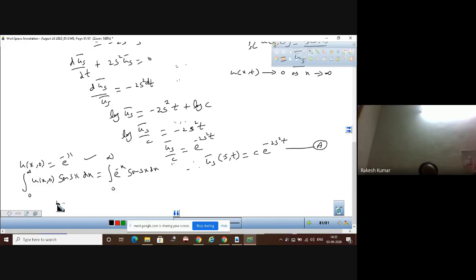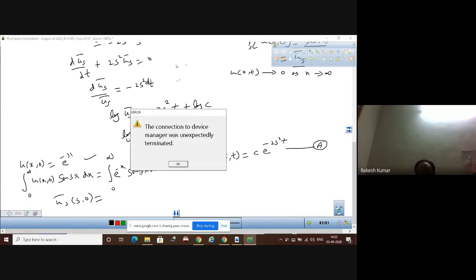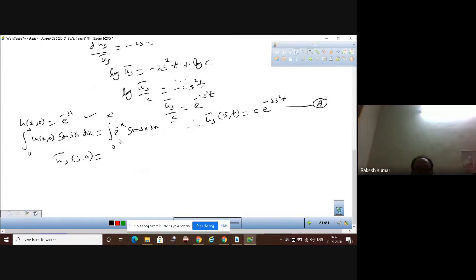And what will come out is u_s bar of s and 0 on one side, and on the other side you need to integrate. By the formula for e raised to power ax sine bx dx, it will come out to e power minus x over 1 plus s square times minus sine sx minus s cos sx, given the limits 0 to infinity.